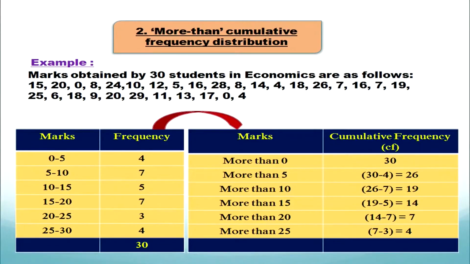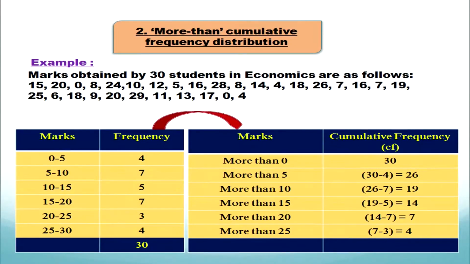Now, if I say more than 5, that means 0 to 5 is not included. Let us see the exclusive series. For 0 to 5, the frequency is 4. So, for more than 5, I need to subtract this value. 30 minus 4 is equal to 26. For the next class, more than 10 means I need to exclude the 0 to 5 and 5 to 10 frequencies.